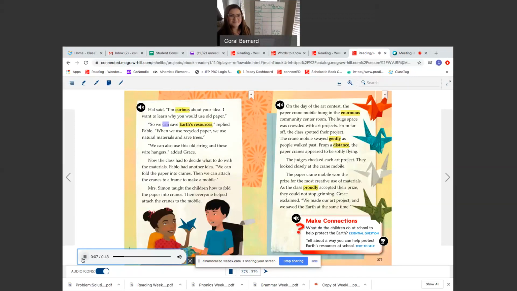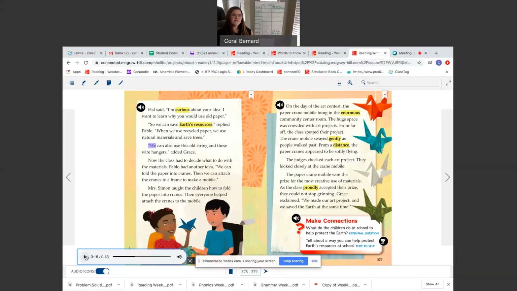So we can save Earth's resources, replied Pablo. When we use recycled paper, we use natural materials and save trees. Earth's resources. That's kind of a hard one. Listen to that sentence again. So we can save Earth's resources, replied Pablo. When we use recycled paper, we use natural materials and save trees.